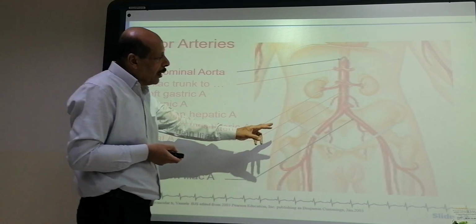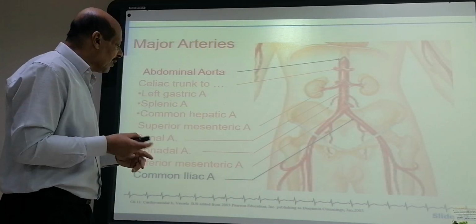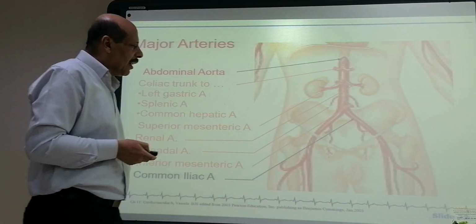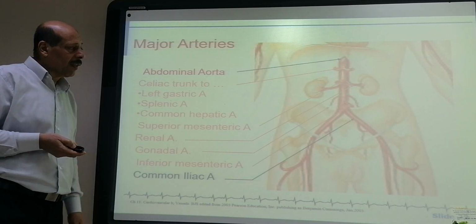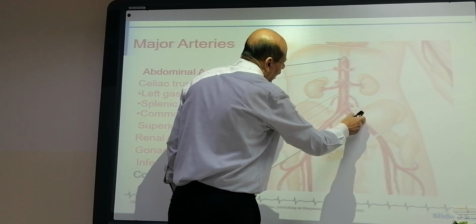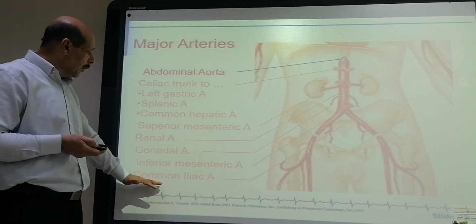Then it divides into two branches, the common iliac arteries, both right and left, because it is beside the iliac crest, the iliac bone.